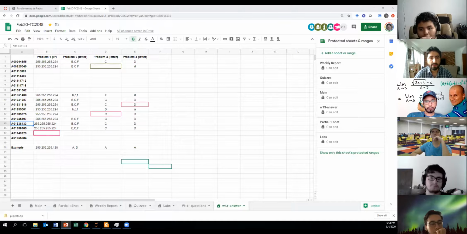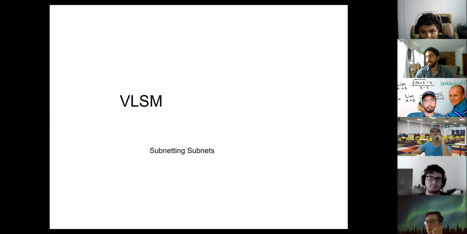So let me go directly to the topic that we didn't talk about yet, this one. So far, for example, when you wanted to divide the network into 7 subnets, you would consider you need 3 bits to have at least 8 subnets.